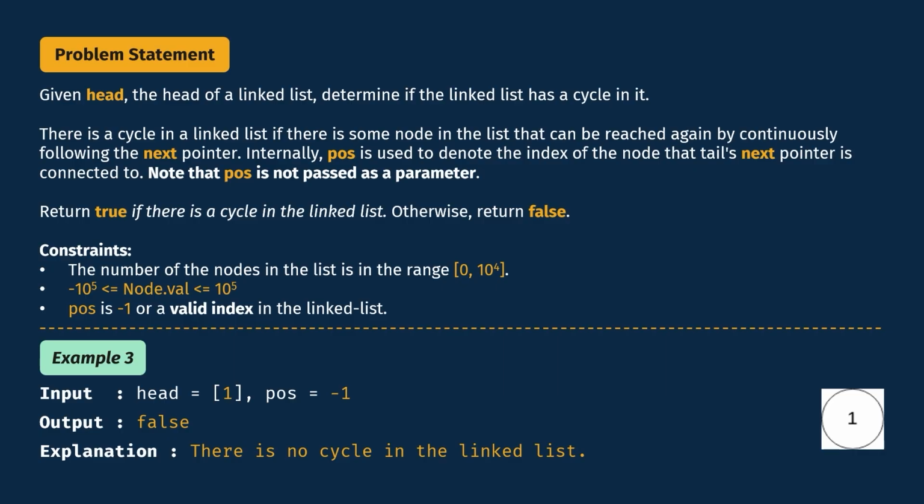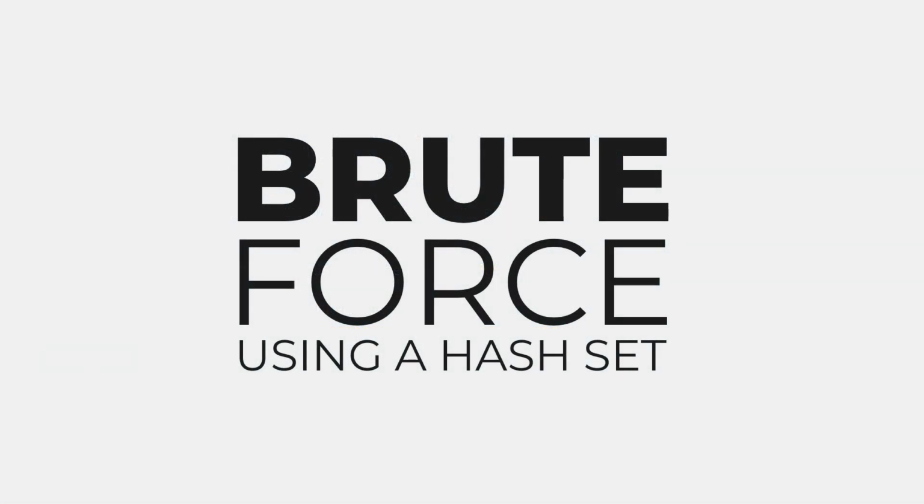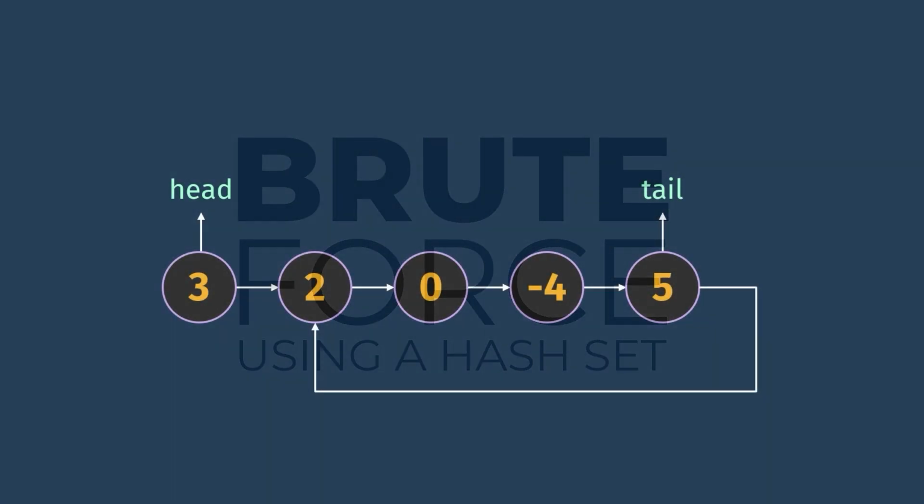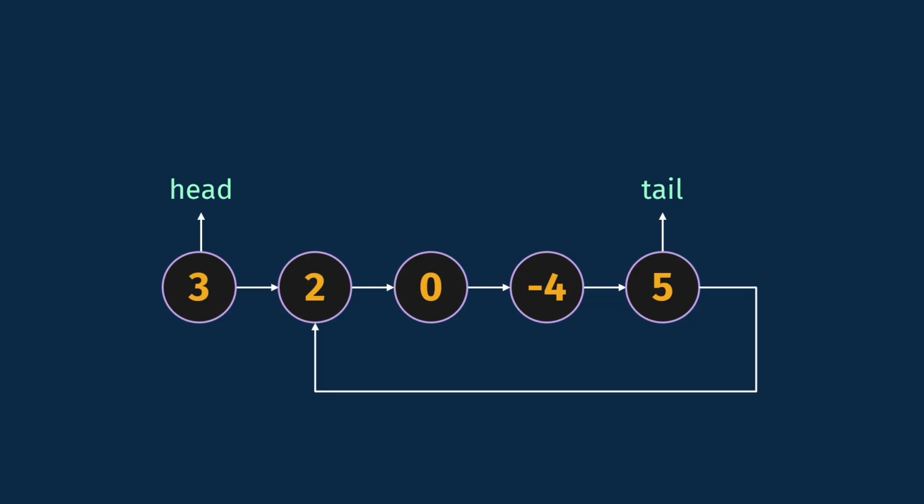So now that we understand the problem, let's explore our first solution approach. We will start with the brute force method using a HashSet. This approach is straightforward and builds our intuition before we move to the more elegant solution. Let me show you how the HashSet approach works with a visual example.